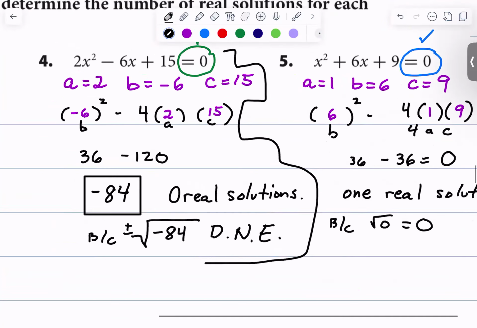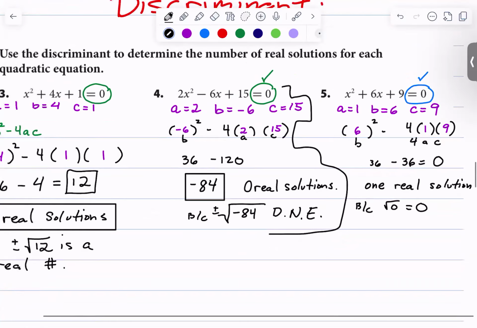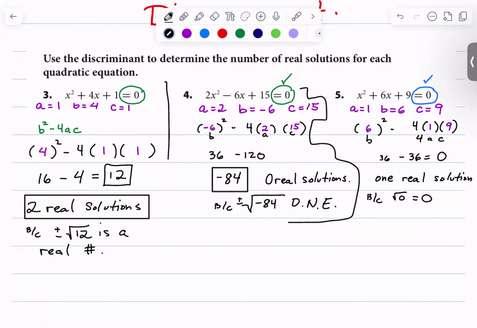That makes sense, class? I can put here plus or minus, because plus or minus 0 equals 0. Okay. Make sense? Questions?